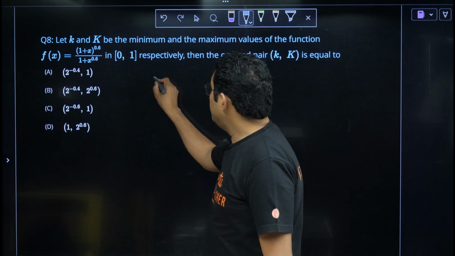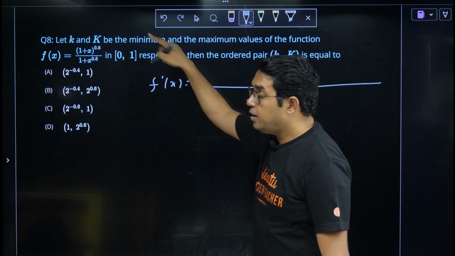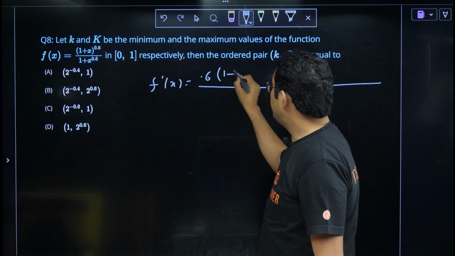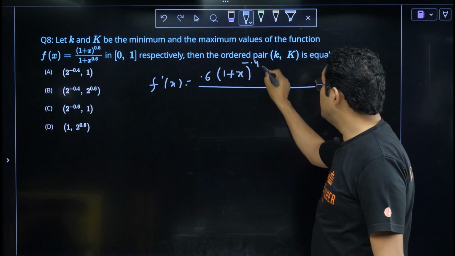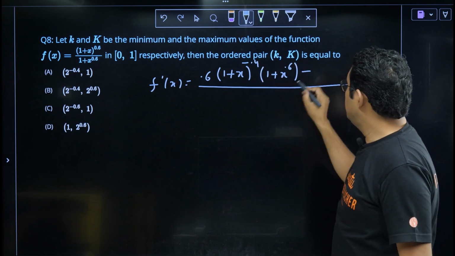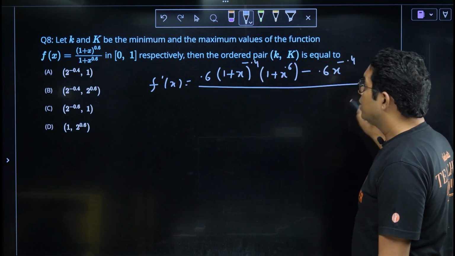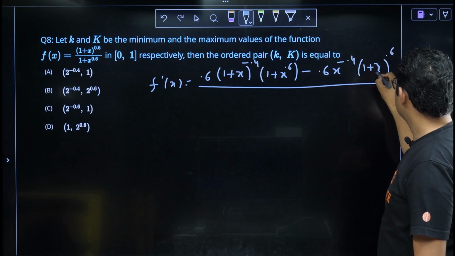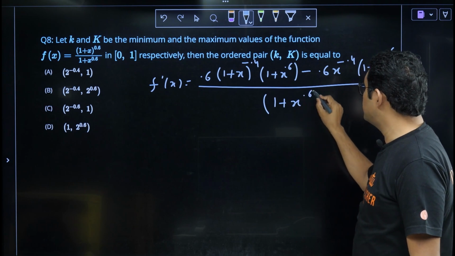So if I do the differentiation f dash, it will be differentiation of numerator, 0.6 into 1 plus x raised to the power minus 0.4, into 1 plus x raised to the power 0.6, minus differentiation of this, so 0.6 into x power minus 0.4 and into 1 plus x raised to the power 0.6. And in the denominator, it will be 1 plus x raised to the power 0.6 whole square.